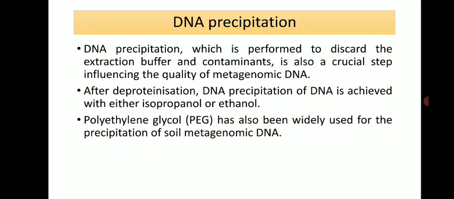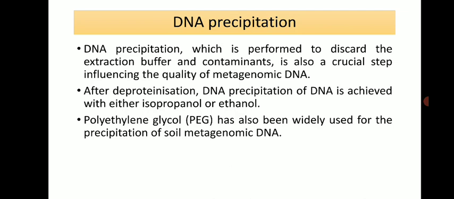The next important step is DNA precipitation. To purify DNA, we should precipitate it. DNA precipitation is performed to discard the extraction buffer and all sorts of contamination, and it is also a crucial step in influencing the quality of metagenomic DNA.